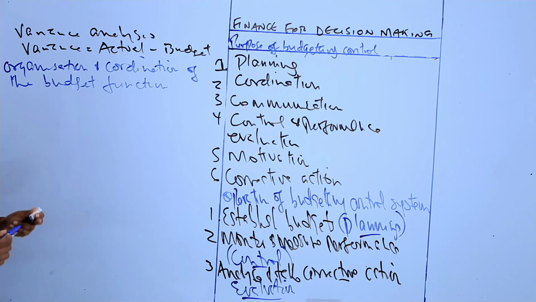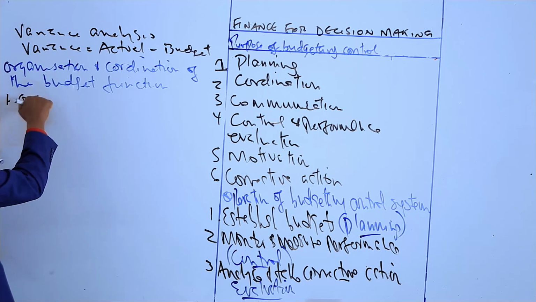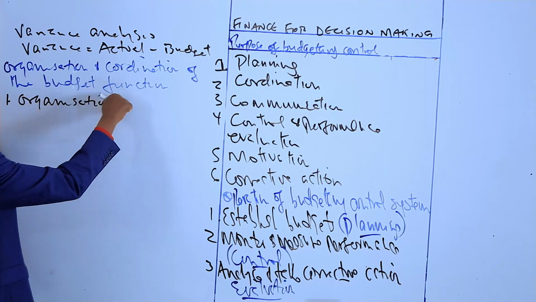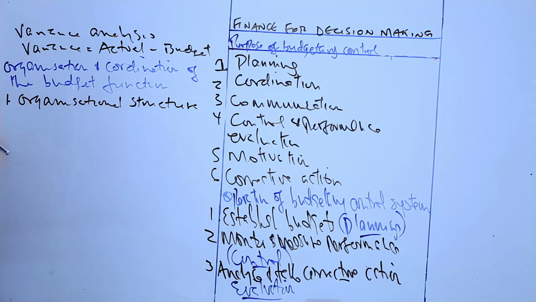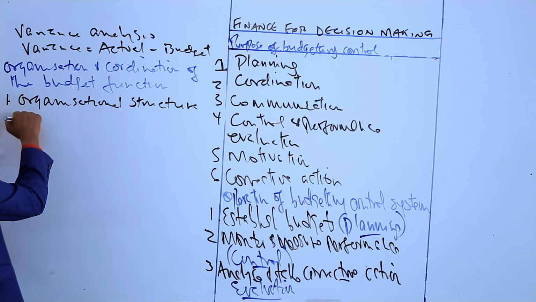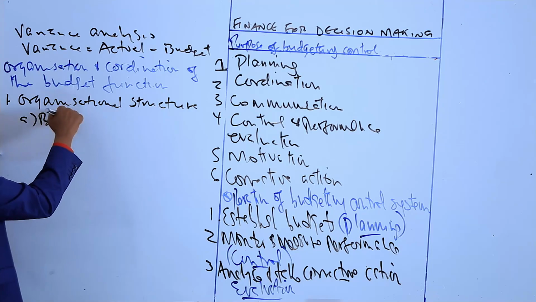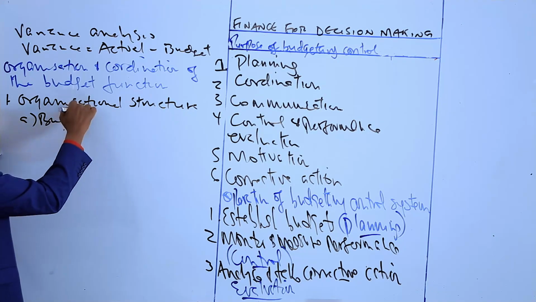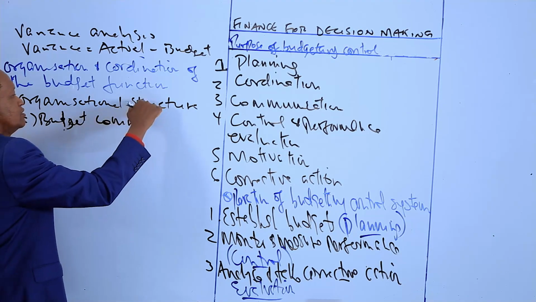So first of all, there has to be organizational structure. 1, organizational structure. And we may have under organizational structure a budget committee.